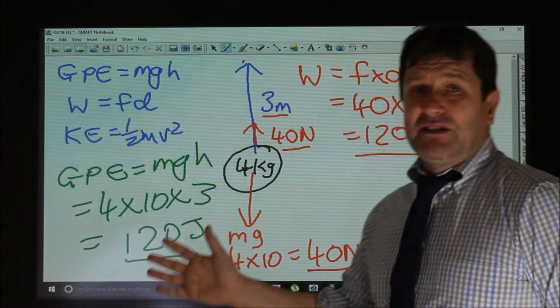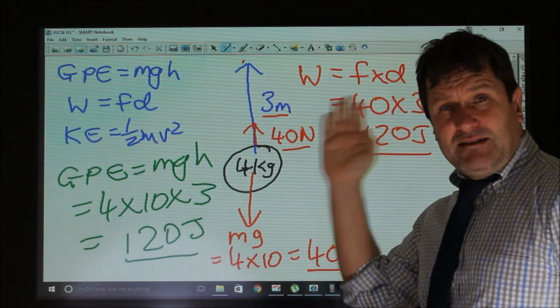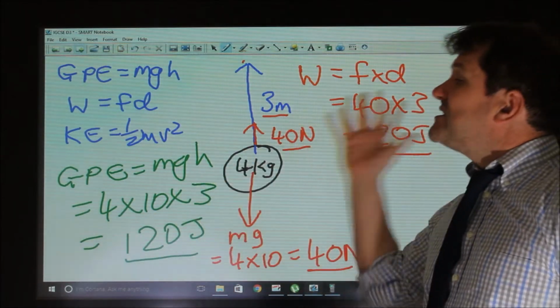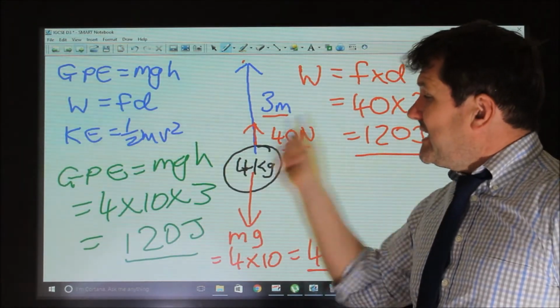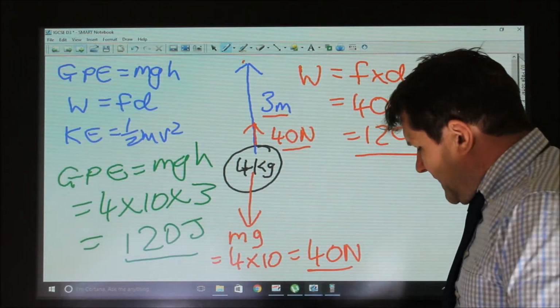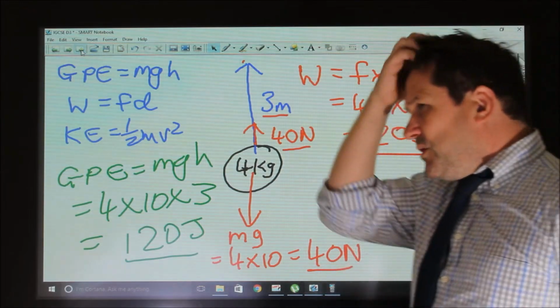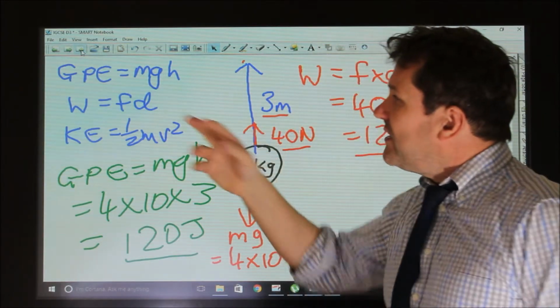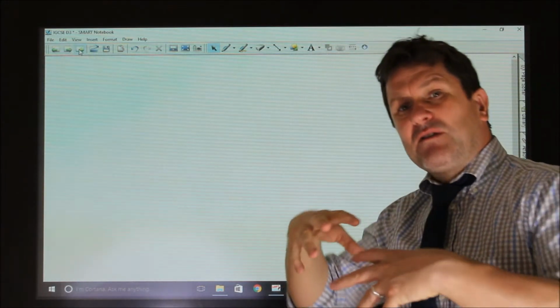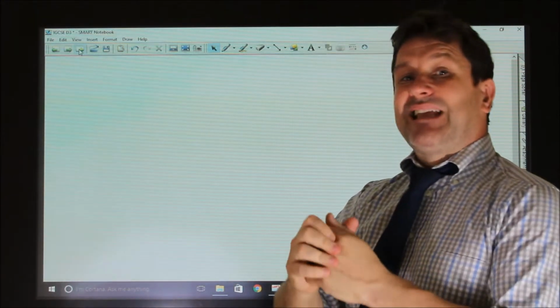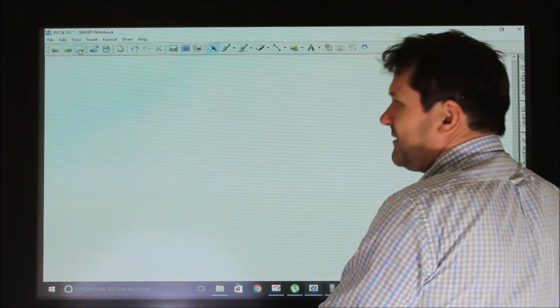So the equations are related. They come from the same place. Now, a more complex question on this would involve maybe gravitational potential energy and kinetic. So let's think about this example.